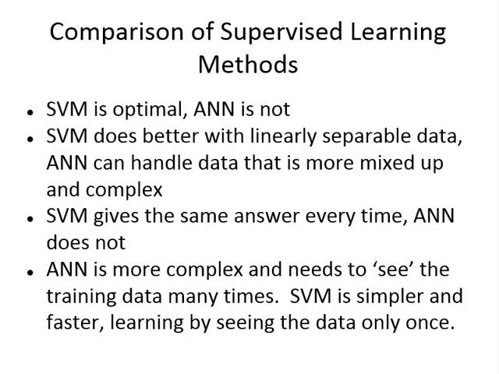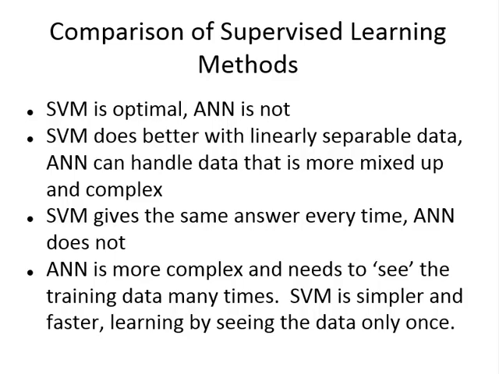It may do a much better job classifying one class of data points than it does classifying other classes. Support Vector Machine also does better with data that are linearly separable. That is, data for which it is possible to draw a straight line in between the two classes of data.